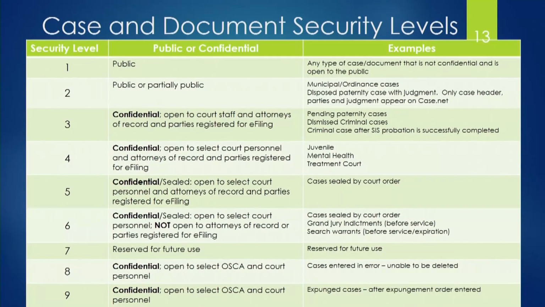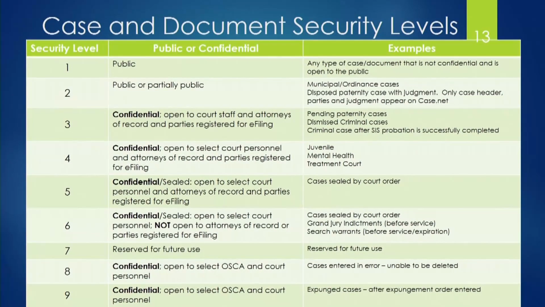Levels 3 and 4 are considered confidential, and those are only available to attorneys of record and to court staff. That would include your pending paternity cases, your dismissed criminal cases after an SIS has been successfully completed. Level 4 would include your juvenile cases, mental health, or treatment court cases.